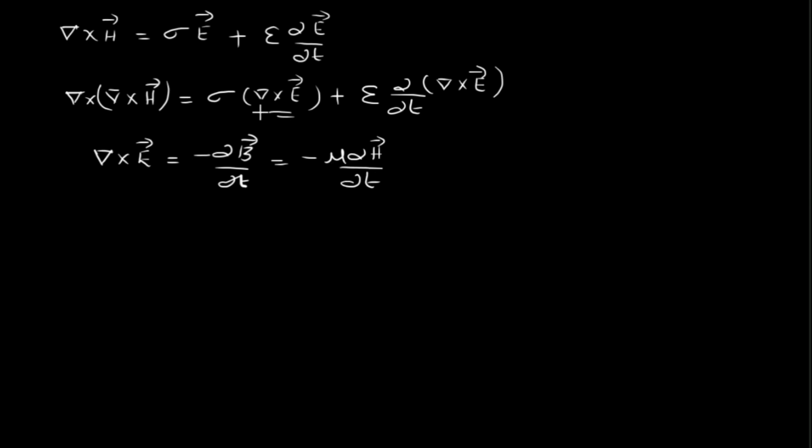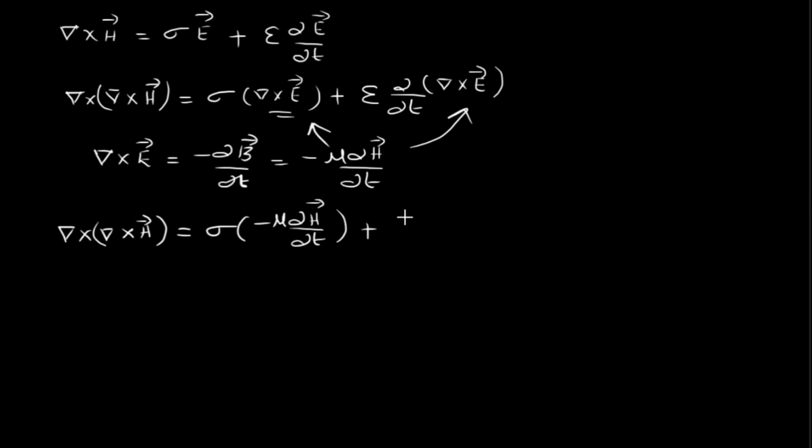So I will directly substitute for curl of E, that is minus mu del H by del T, in both places. So my curl of curl of H becomes sigma of minus mu del H by del T plus epsilon del by del T of minus mu del H by del T.